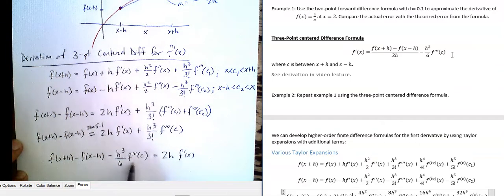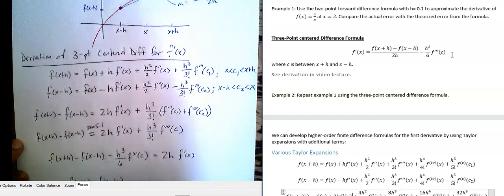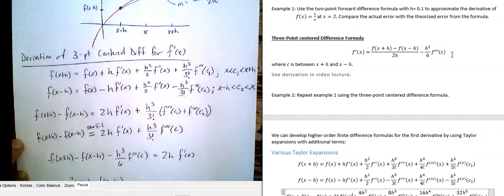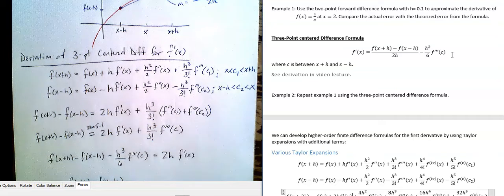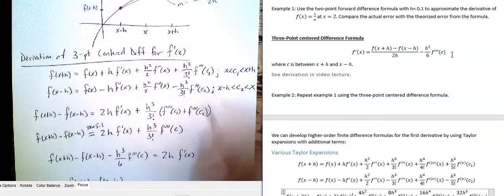So dividing both sides by 2h, I'll get f of x plus h minus f of x minus h over 2h, minus... oh, excuse me. So here, with this guy, actually, this would be 2 f triple prime.